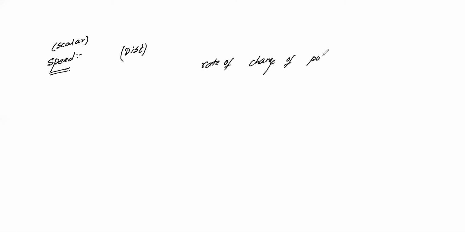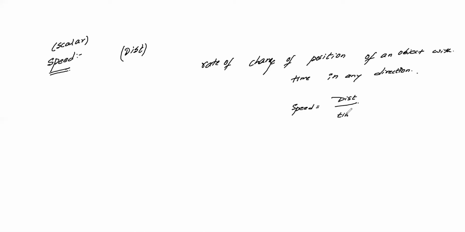Change of position of an object with time, in any direction. So we can say that speed is equal to distance by time, or speed is equal to distance traveled by time.